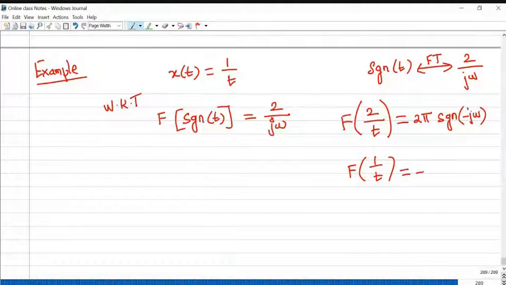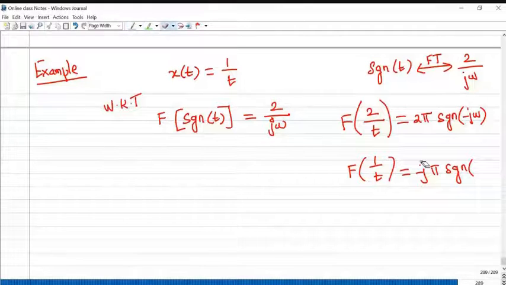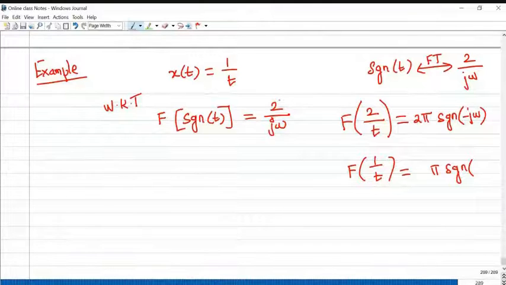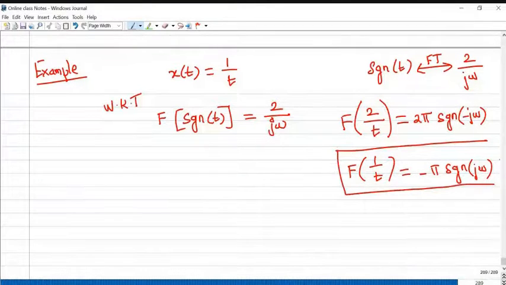Even this minus j we can take outside: minus j pi signum function of j omega. This is the result. Just take the minus outside. So like this, many problems are there.